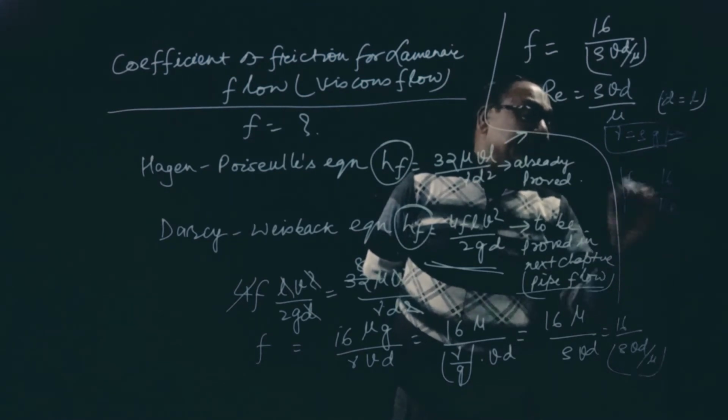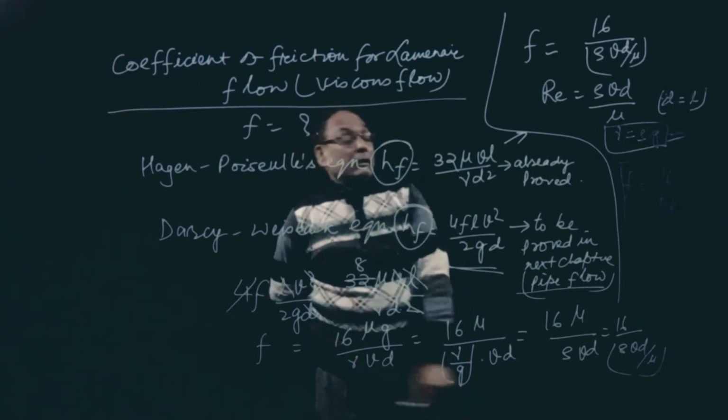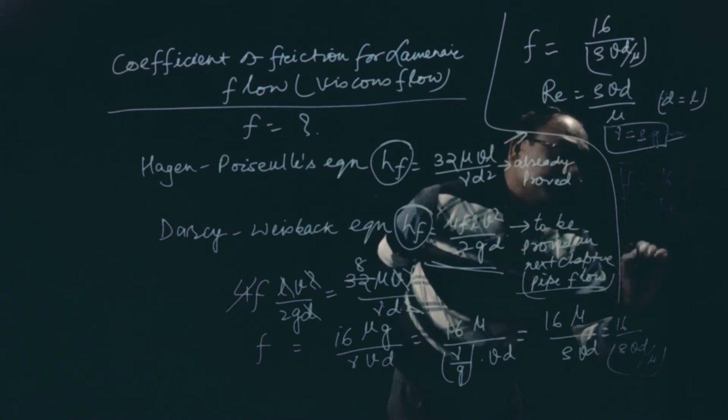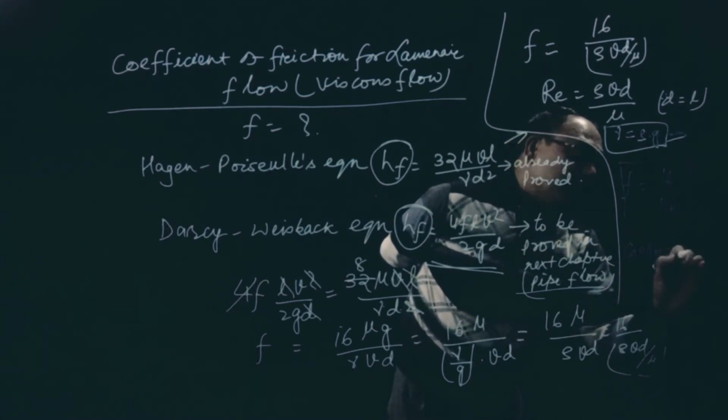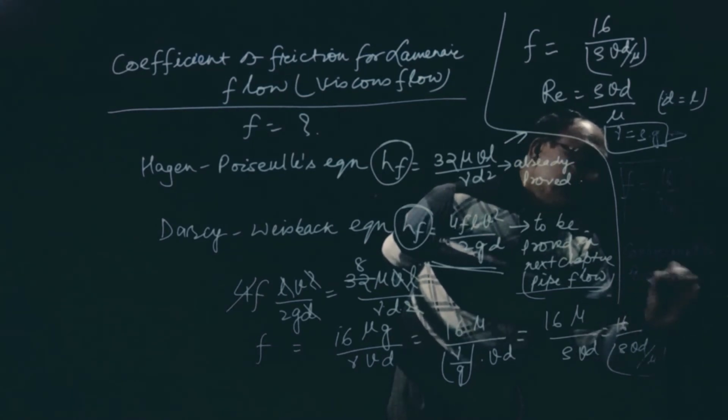This is the relation to find out the coefficient of friction. F is nothing but the coefficient of friction in a pipe flow.